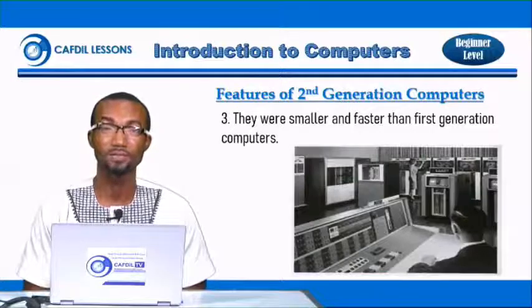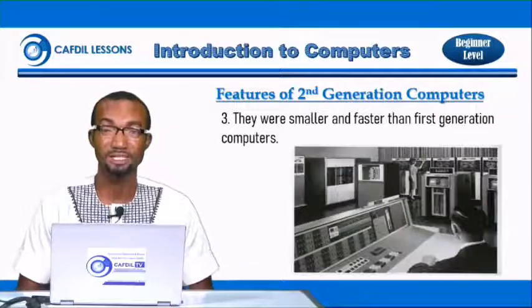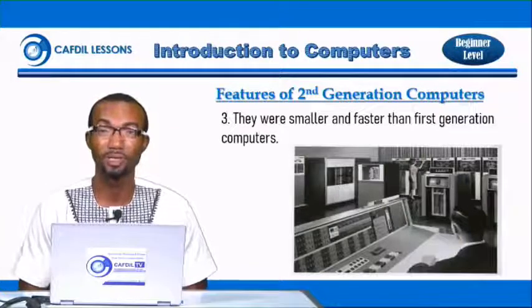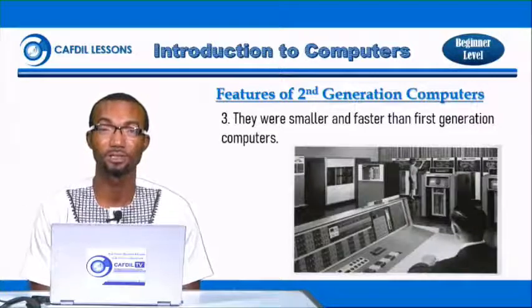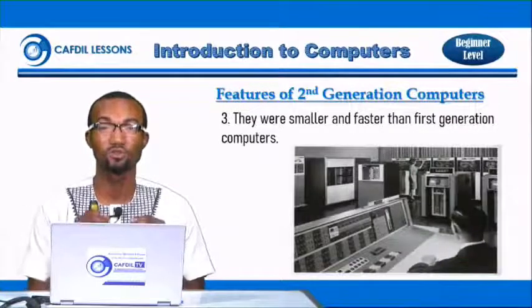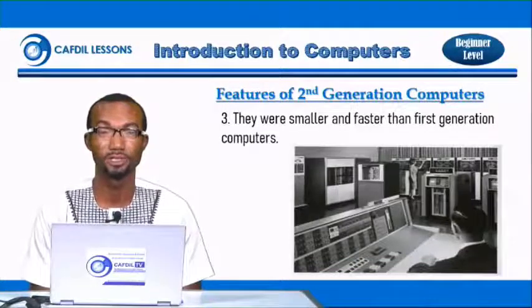And in ICT, that is what we call nanotechnology. If an ICT tool is reduced in size, and it can even perform more functions than the bigger one, we are talking about nanotechnology. So the second generation computers were smaller and faster than the first generation computers.